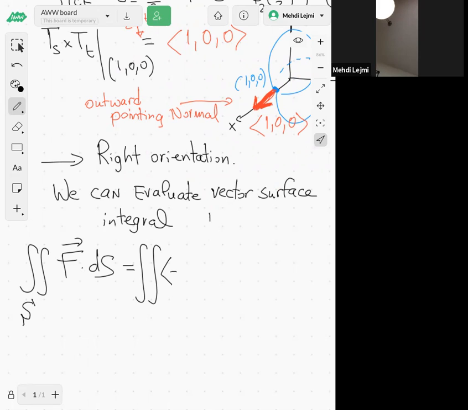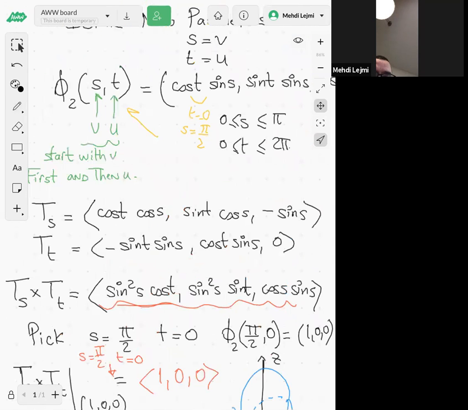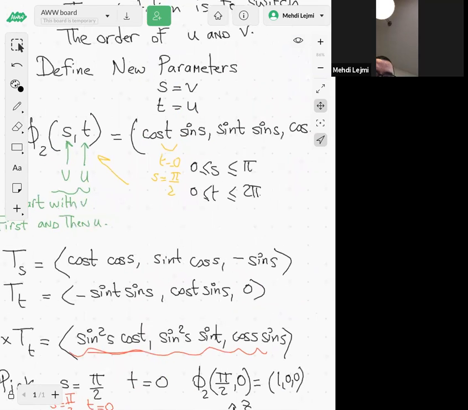again, F of x, y, z, we said, is equal to, I think it was minus y, x, -1, right? So y would be, if you use this parameterization phi 2, the sine of t sine of s.